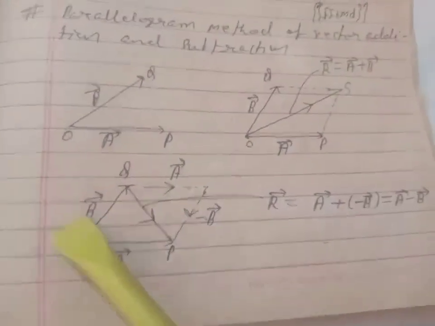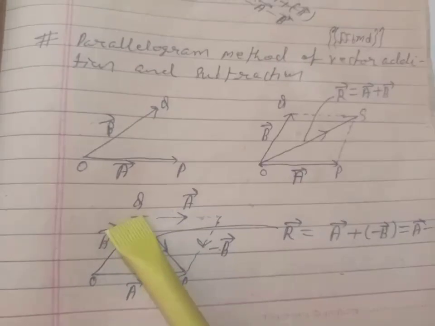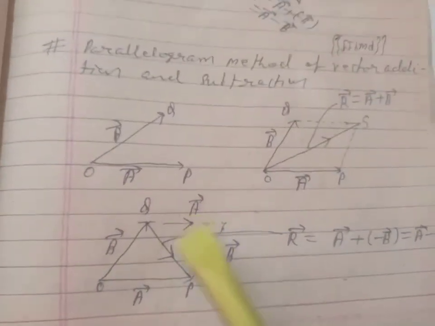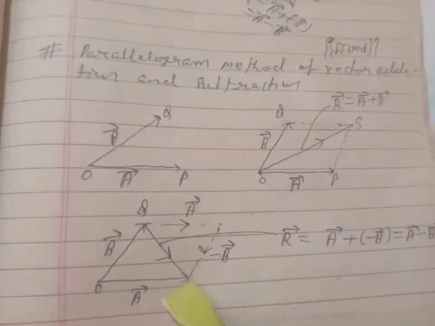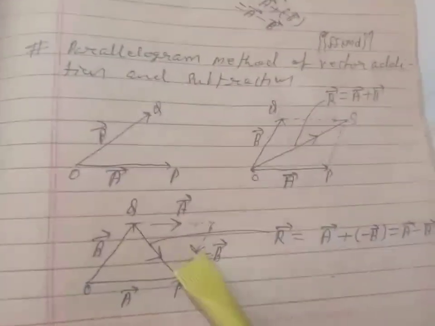In this figure, B vector and A vector, and we draw a parallel line representing A vector. This line represents A vector if we draw the arrow, and this line represents minus B vector because the arrow direction is reversed.